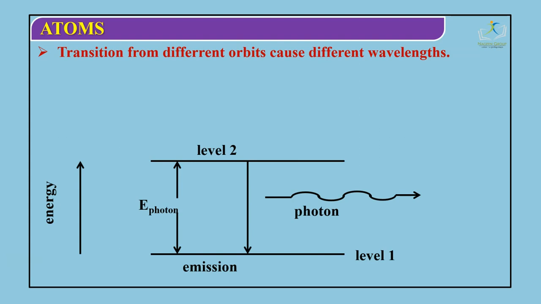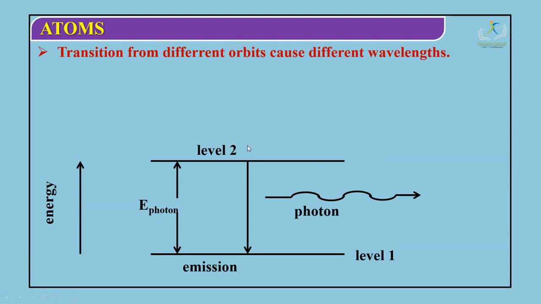As you can see, electrons jump from the ground state to an excited state only when they get sufficient energy.